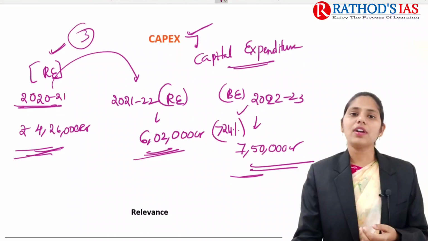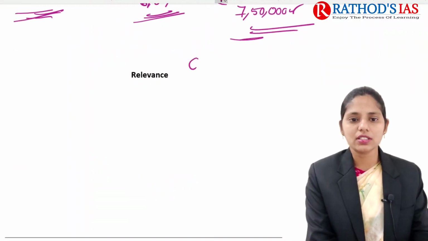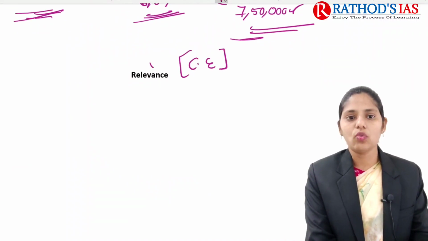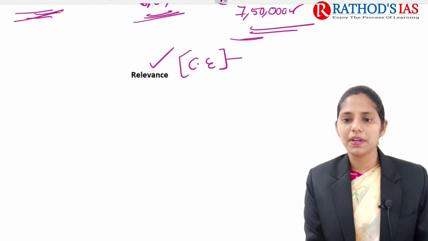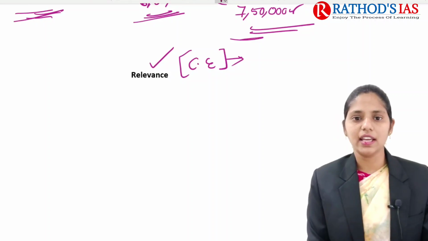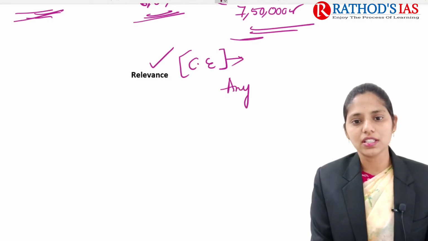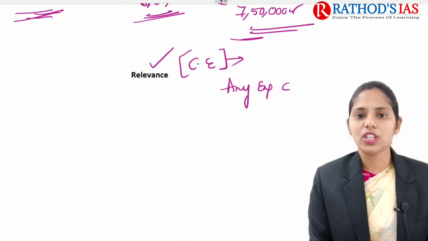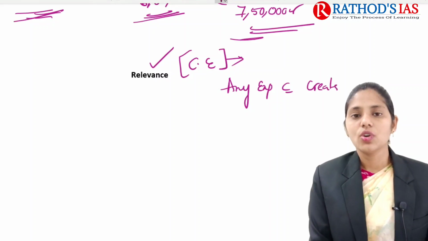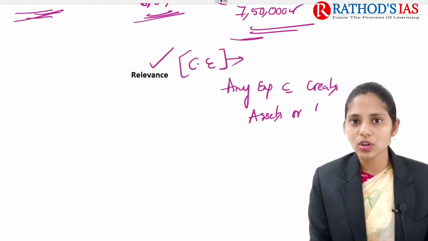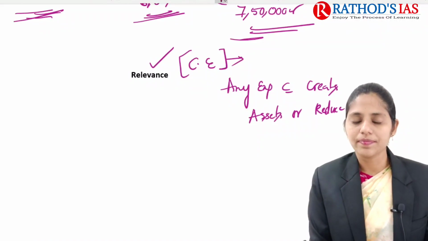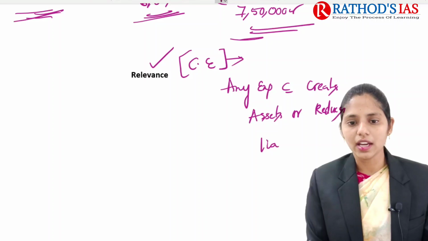Now let us try to understand what this capital expenditure is and what its relevance is. In short, any expenditure which mainly creates assets, or which also reduces liability, is capital expenditure.